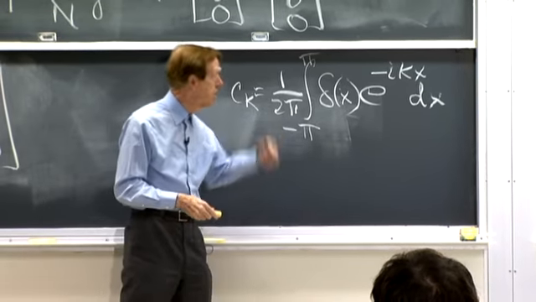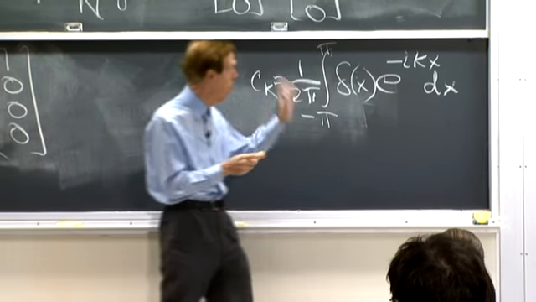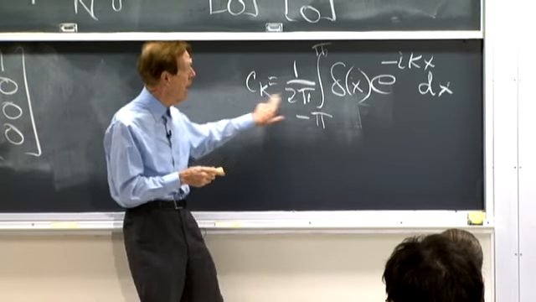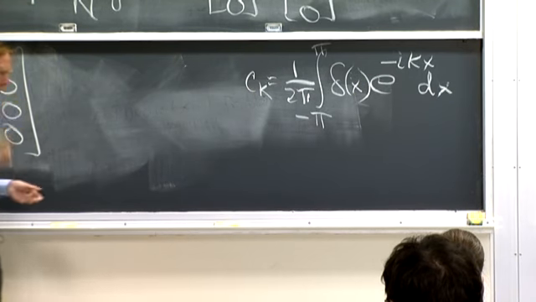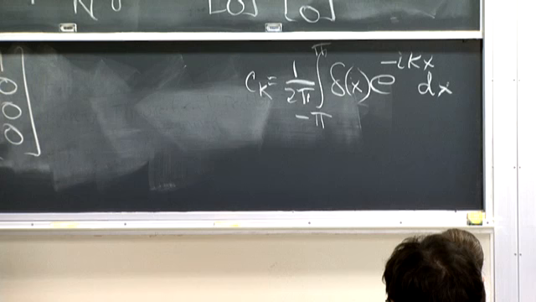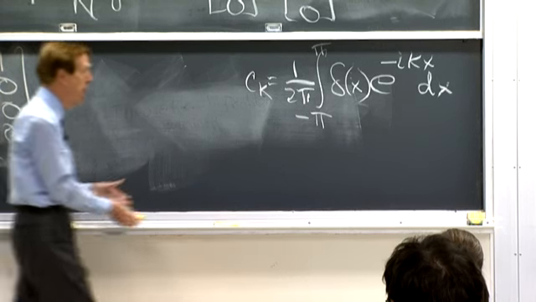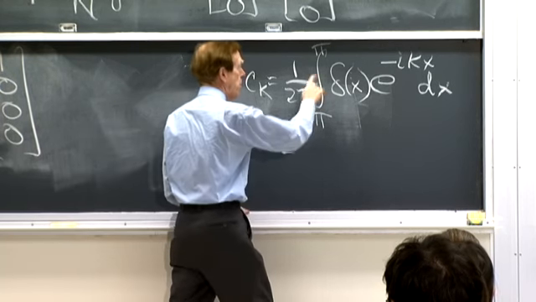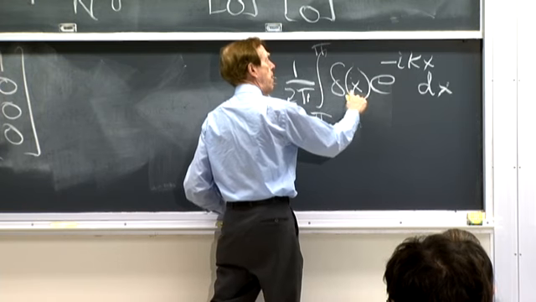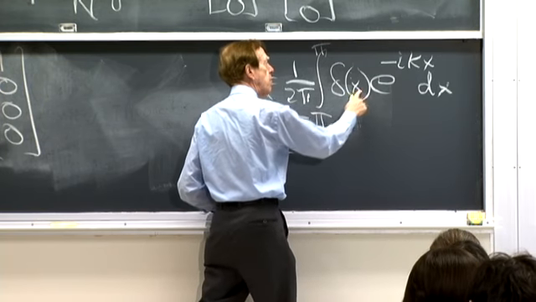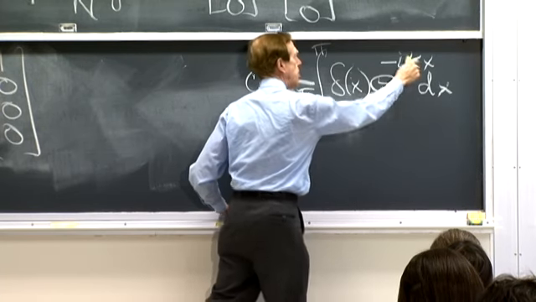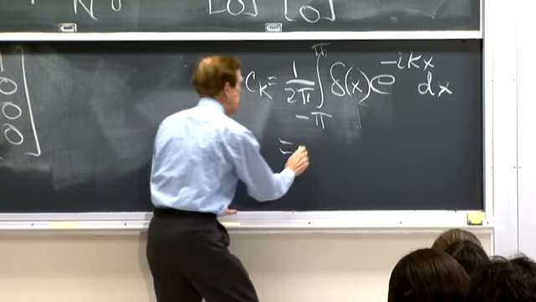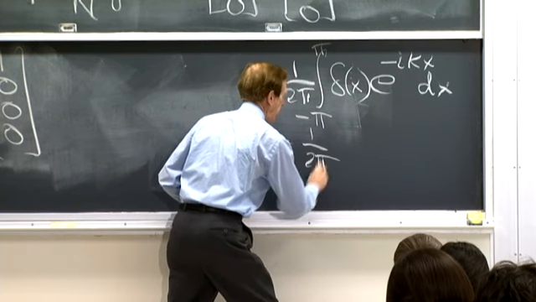The function is the delta function, and you remember that if we want coefficient k, we multiply by e to the minus ikx. That's the thing that will pick out the e to the plus ikx term, and of course, everybody knows what we get here. This delta, the spike at x equals 0, means we take the value of that function at 0, which is 1, so we just get 1 over 2 pi.